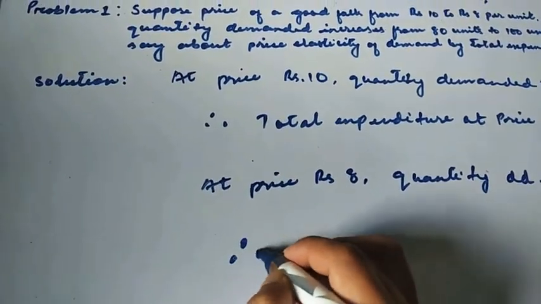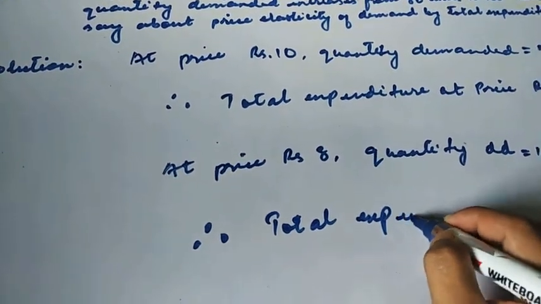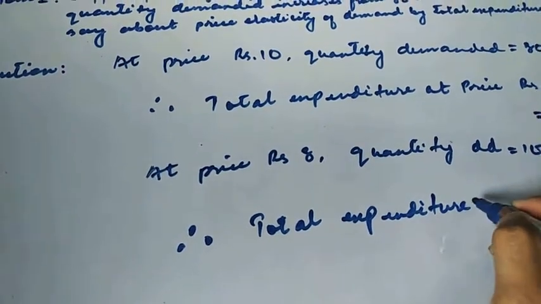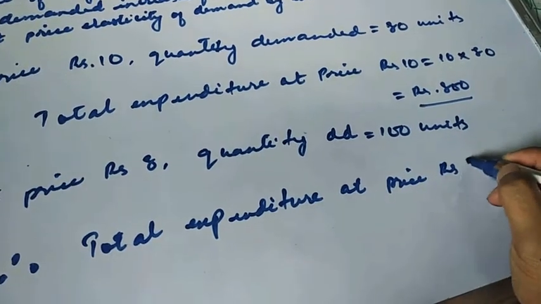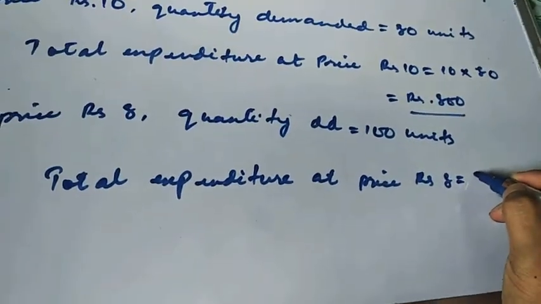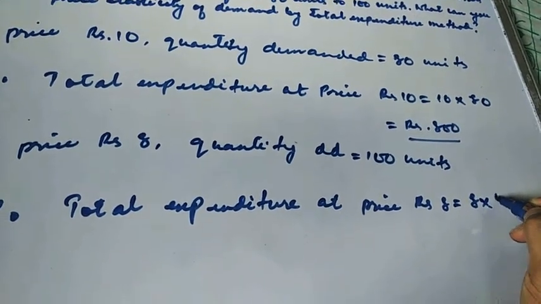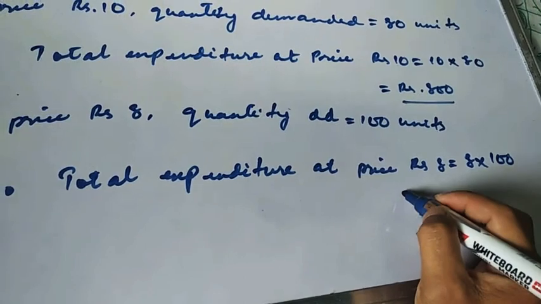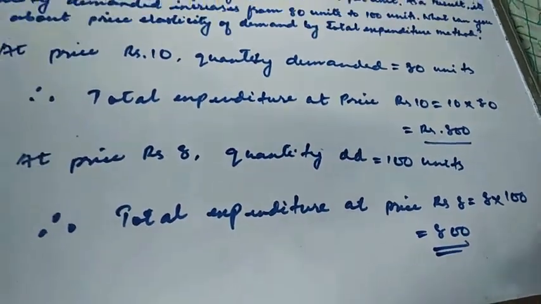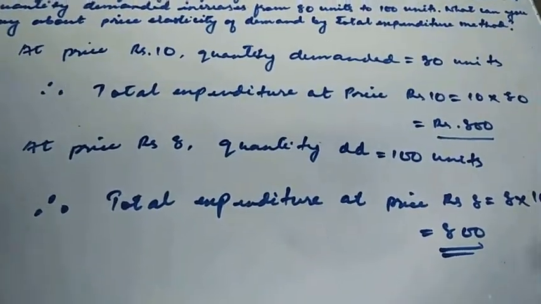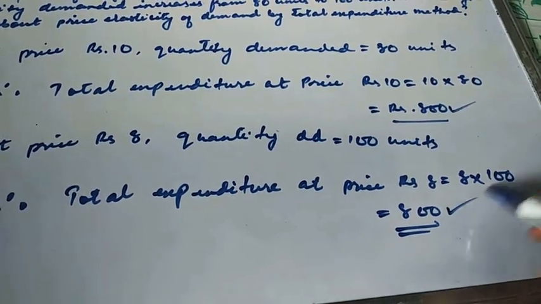So total expenditure again at price rupees 8 equals price into quantity, 8 into 100 units. So 8 ones are 8, so 800. So at both prices, rupees 10 and rupees 8, total expenditure is 800.